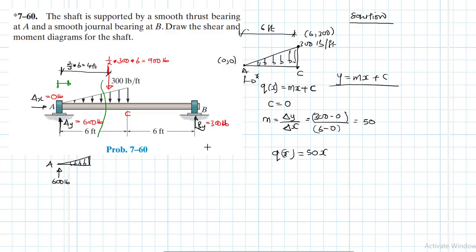All right, so this is the equation that defines this loading. Okay, so that q at 6 feet is supposed to give us 300 pounds per feet, right? All right, so this is our equation.